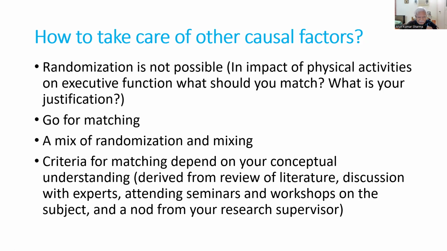If it is not possible, or if sample size is small, you can ensure the similarity of participants in the two groups through matching, and the criteria of matching should come from review of literature and discussion with experts.